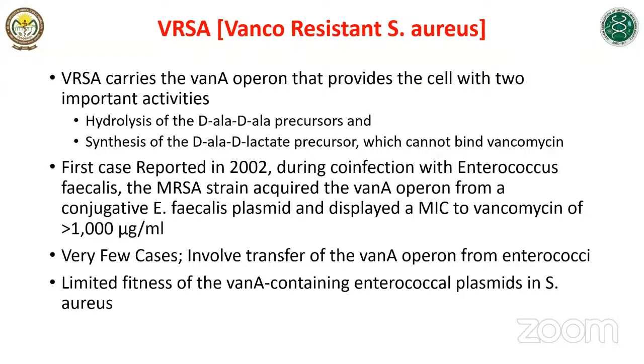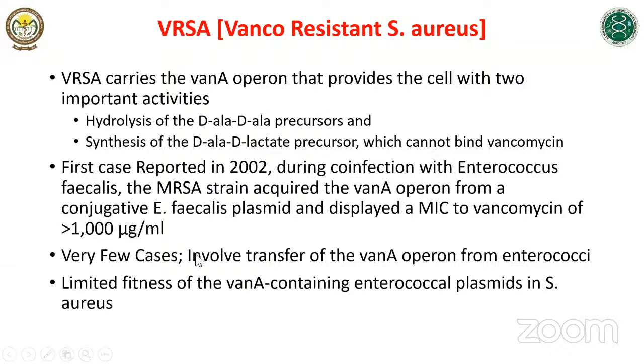The normal precursors get hydrolyzed, and new ones get synthesized, D-alanine and D-lactate precursors, which are not bound by vancomycin. In the later slides you'll see D-alanine D-lactate and D-alanine D-serine, two different kinds of altered precursors: D-alanine D-lactate causes high level resistance to vancomycin, and D-alanine D-serine causes low level resistance.